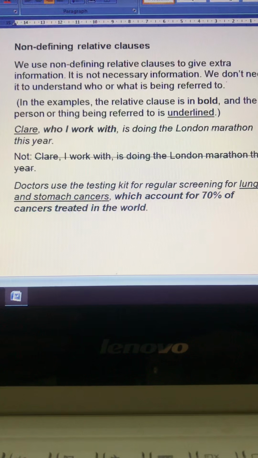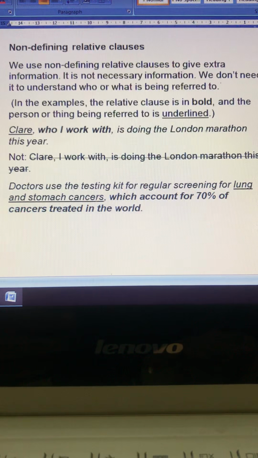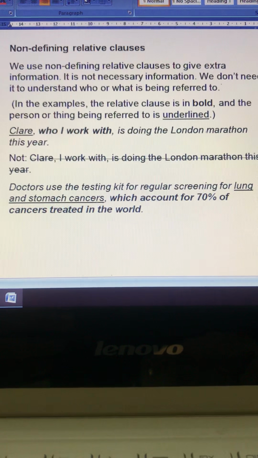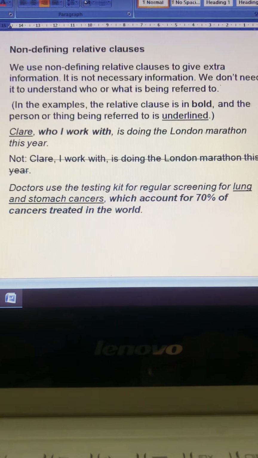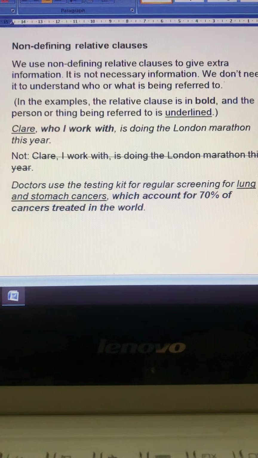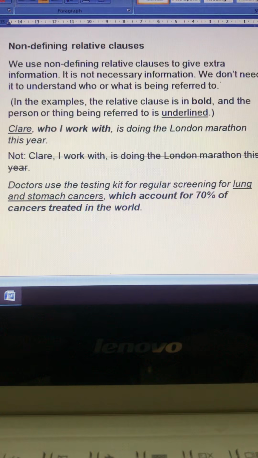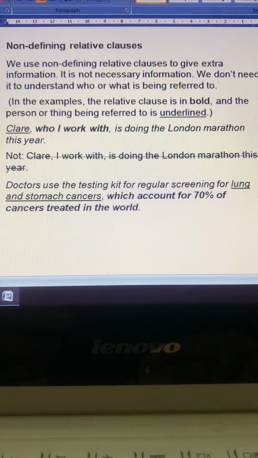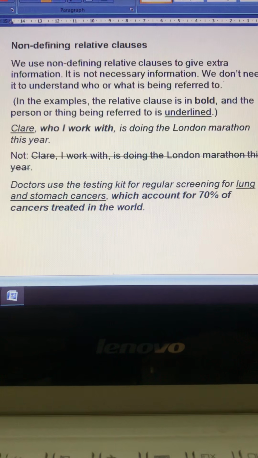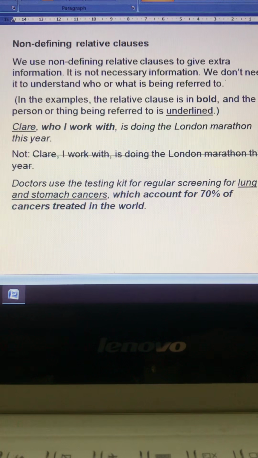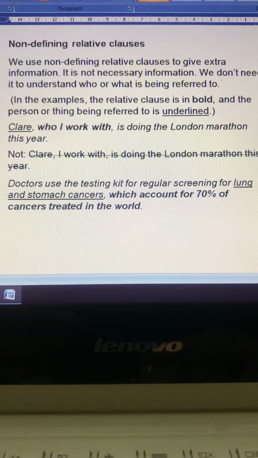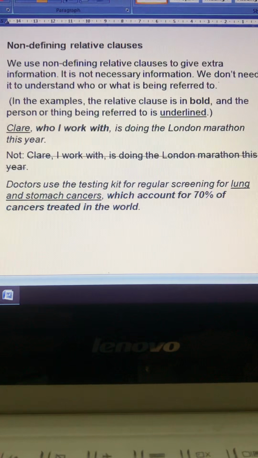The most distinguishing thing between defining and non-defining is the use of commas, as we said before. Non-defining relative clauses could have one or two commas, while defining relative clauses have no commas at all.